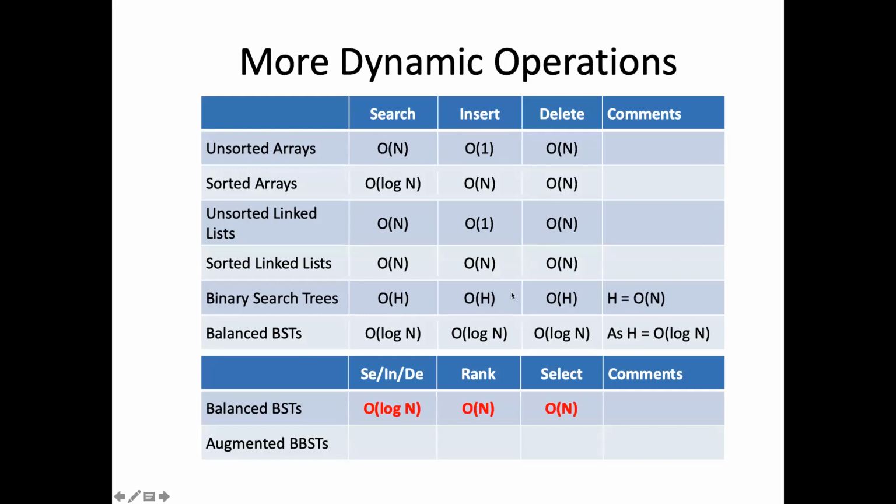What we know is that the rank and select operation, we only know how to do this in order n time. Because if I insert something at the start of the list, then the rank of everything else changes. If I delete something from the start of the list, the rank of everything changes. So every time I make these operations, I have to go and update the ranks of everything.